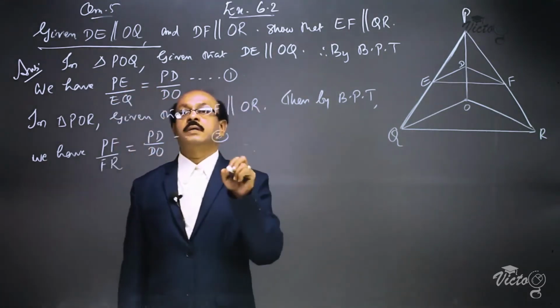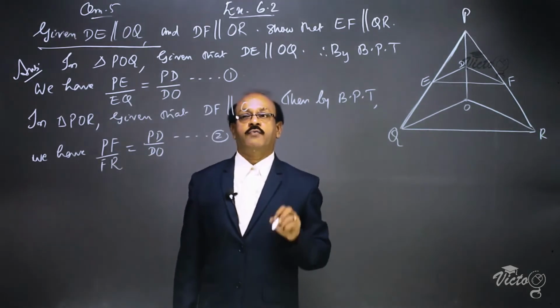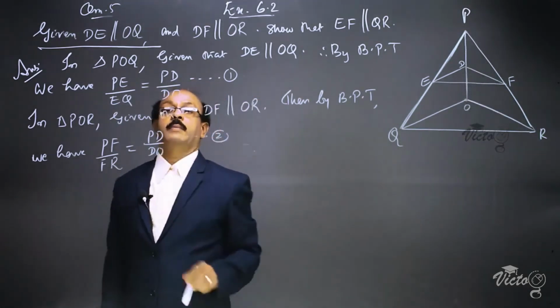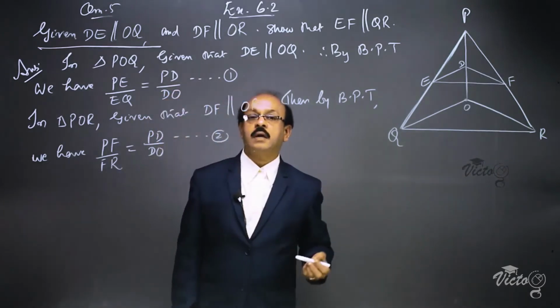Now we have to consider equations 1 and 2. From 1 and 2, on the right sides, here is PD by DO, here also it is PD by DO. The right hand sides are equal.